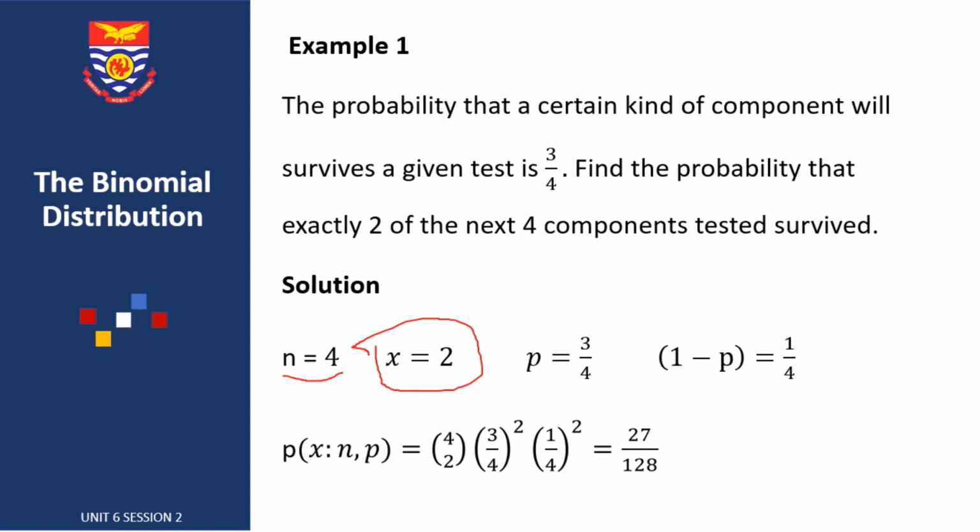With the probability formula, we have n combination x, multiplied by p exponent x, where p is 3/4 and x is 2, and then 1 minus p, which is 1/4, exponent n minus x. Of course, n is 4 and x is 2, so n minus x is 2. When we do the algebra, our final answer is 27 on 128. Quite simple, right?